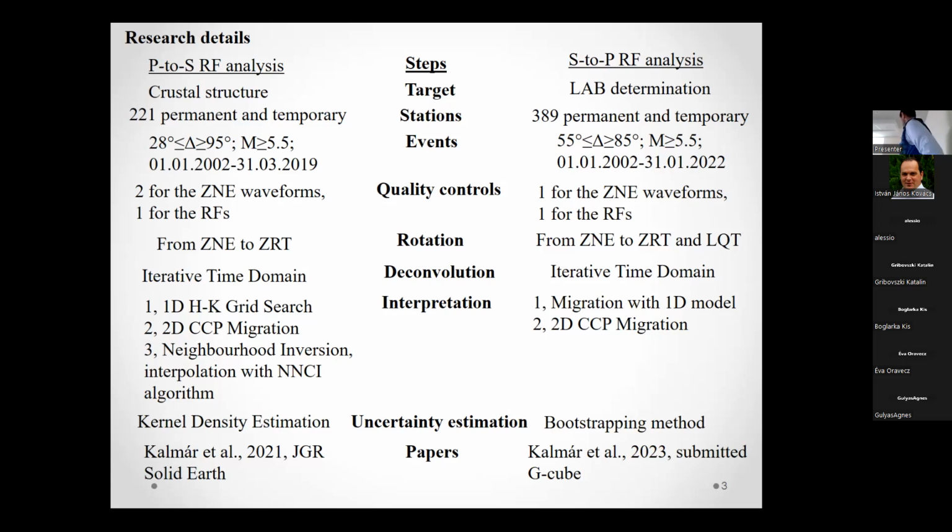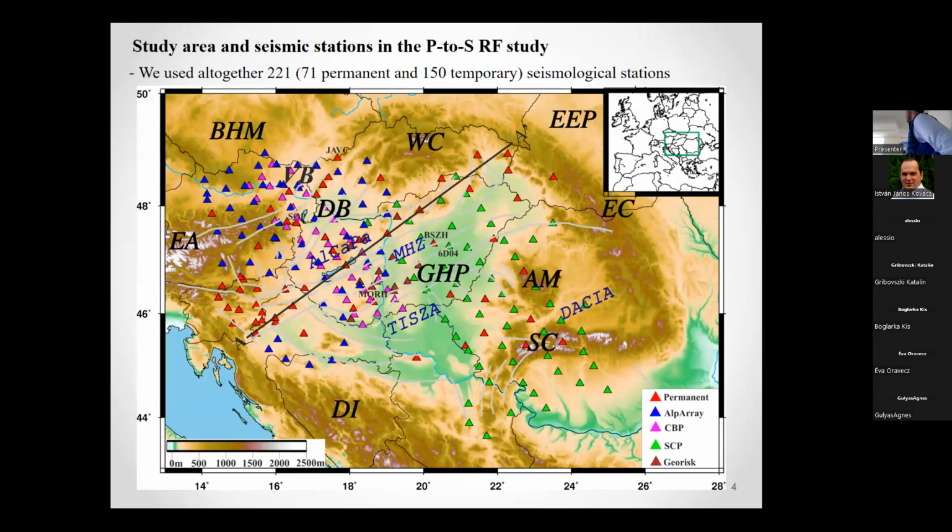And the S2P receiver function analysis is my postdoc project, and the target is the LAB determination based on the negative phase depth of the receiver function. In this case, we used 2 types of migration, and we submitted the paper last month. So first of all, the study area, the Pannonian Basin, is a typical back-arc basin.